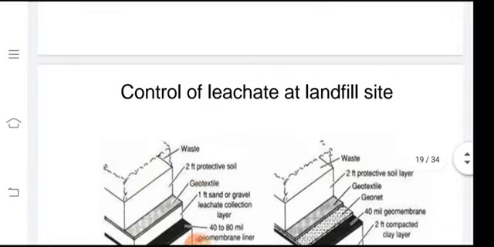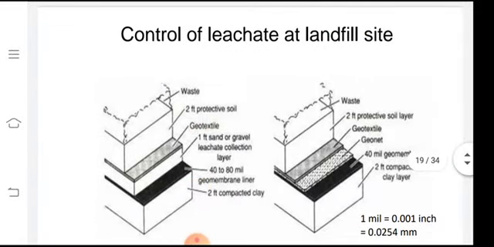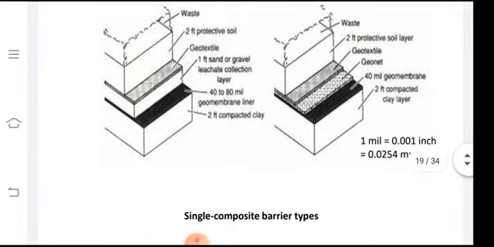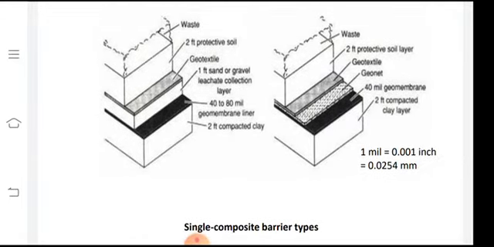For proper lining, you can observe the control of leachate at a landfill site. First of all, the most important thing, we need single composite barrier types, in which we have a simple collection system. First is the lining system, and then we have a collection system. In these figures, there is a geotextile membrane, and then we have 40 to 80 mil.